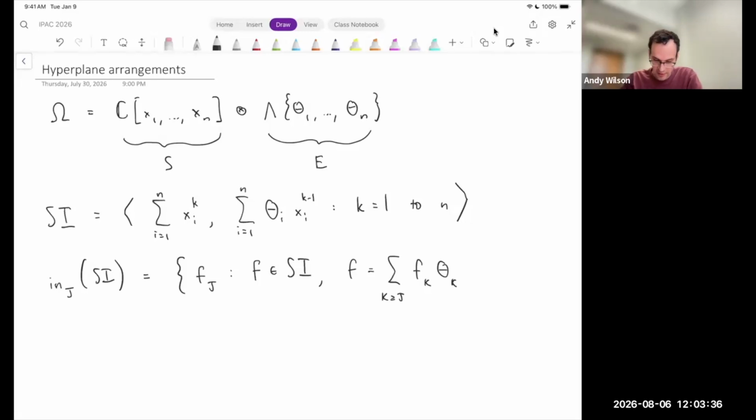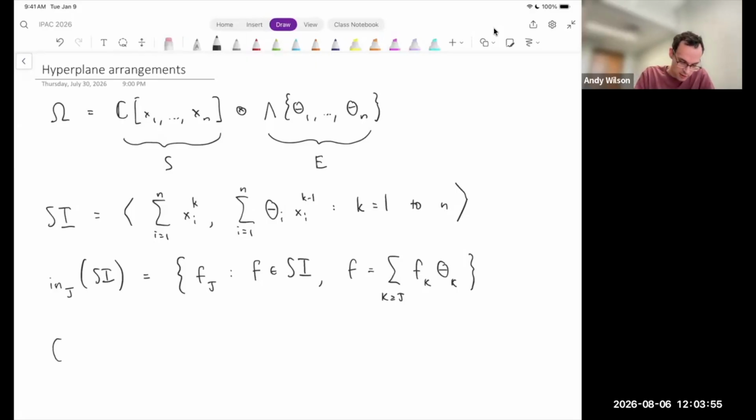And f_J should not be zero, so it's the first non-zero, the leading term here. So this is our kind of Gröbner style approach.